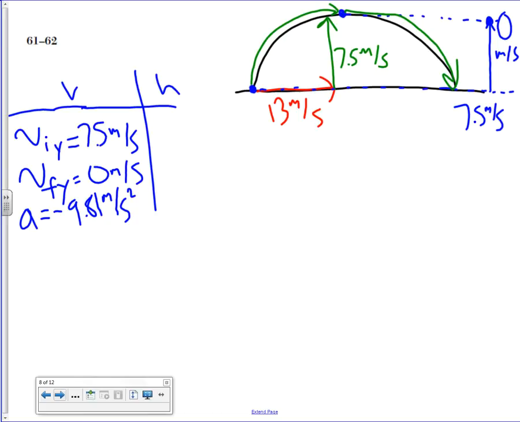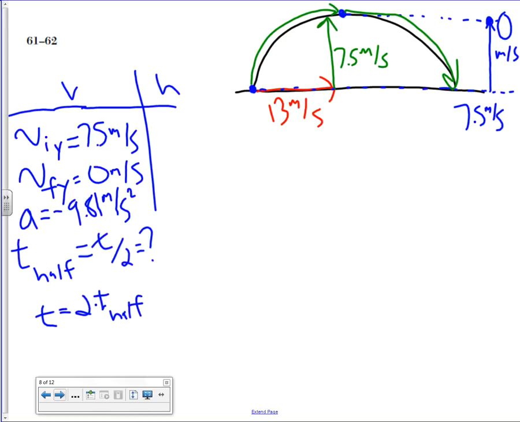We're trying to find the time. In the homework problem, we found the time and then doubled it at the end, but we can also do it at the beginning. So I'm going to denote this time t half, because this is the time for half the trip. It's equal to our total time divided by 2. So if we rearrange it, our total time is equal to 2 times our t half.